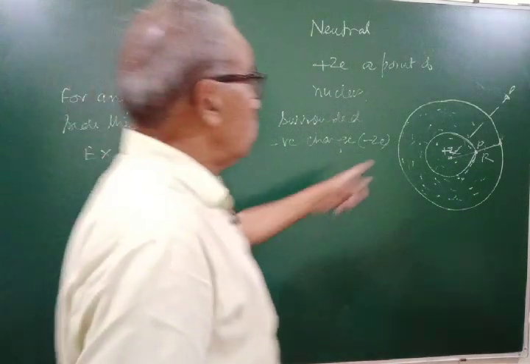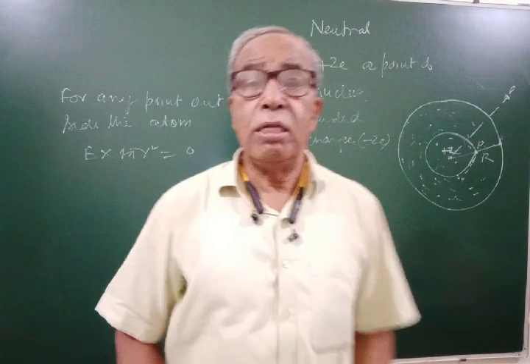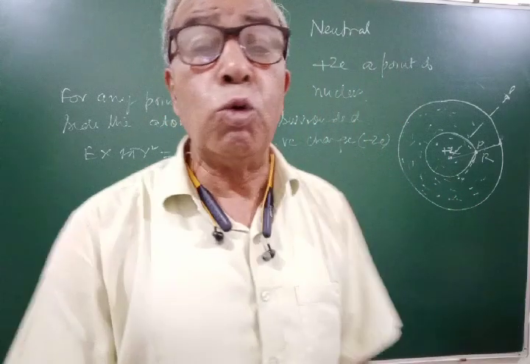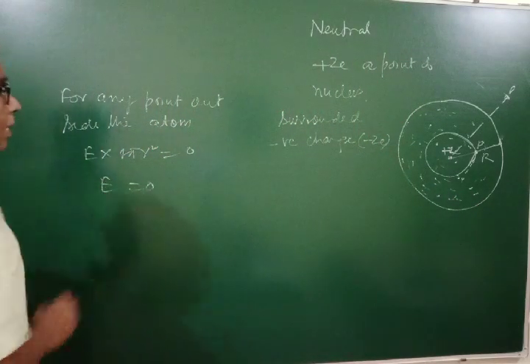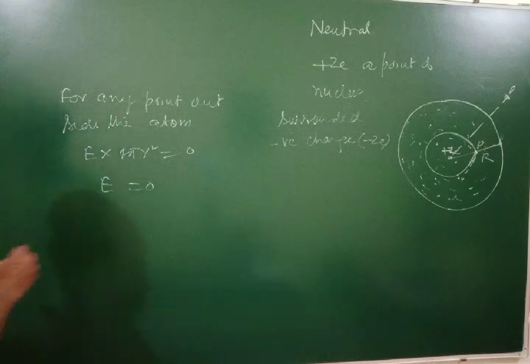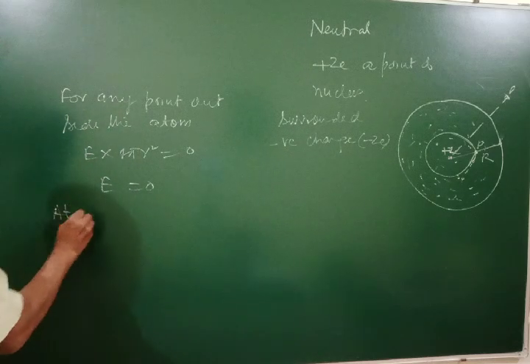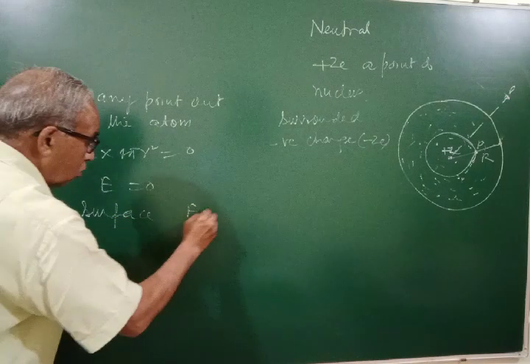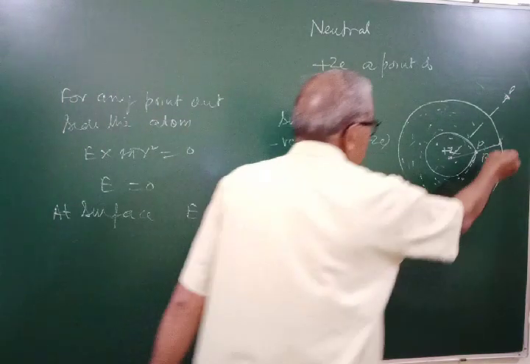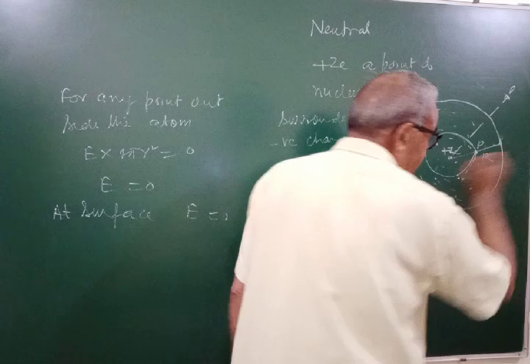Why? Because there is no net charge inside. The sphere atom as a whole is neutral. So at any point outside, E equal to 0. At the surface, again E equal to 0 because the Gaussian surface does not include any charge inside.